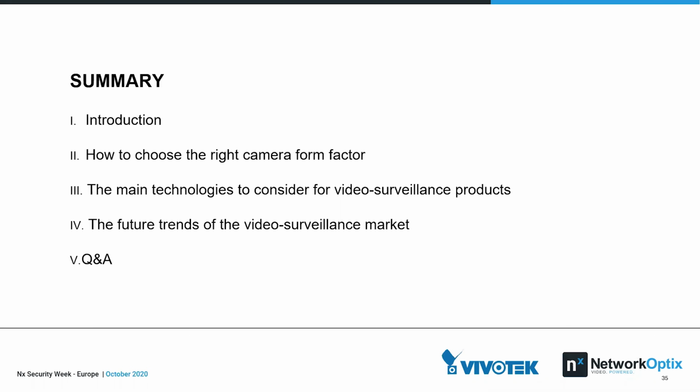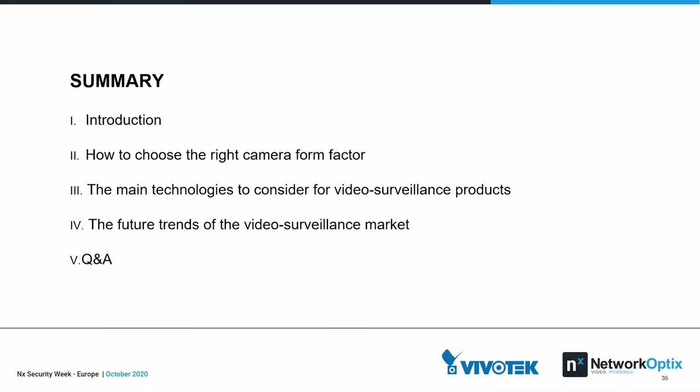You also saw that the choice of the camera is not only through the form factor, but also through the resolution and the technologies of the camera. So if it's indoor, outdoor, resistant to rain or not, if it has technology for image quality, for backlight, and also that some of the cameras may have more choice in terms of connectors than others.